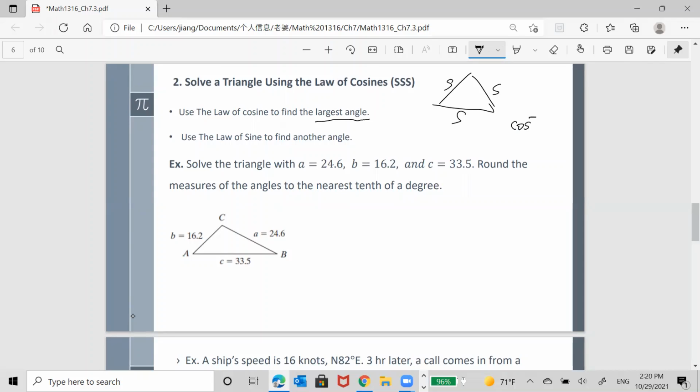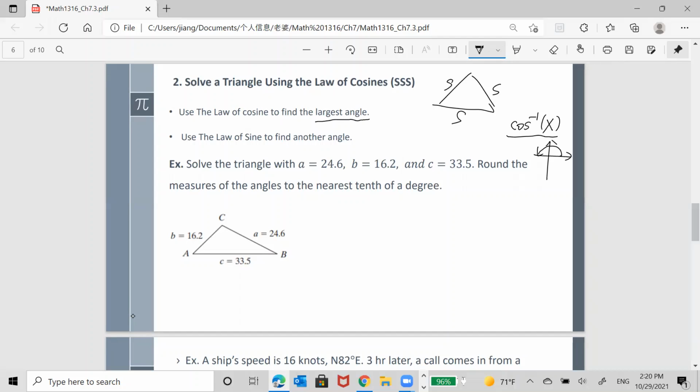so cosine inverse, for example, I put a value X here. This one can be here or here, first quadrant or second quadrant. So if I'm looking for the largest angle, the calculator will provide me an angle from 0 to pi.